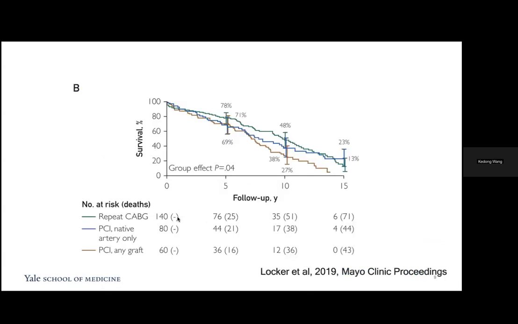Okay, so that's the AWESOME trial. So this is another trial. It's a little bit more modern, which compared, again, repeat CABG versus PCI in patients with prior CABG. And it arrived at a different conclusion. So the AWESOME trial showed that the long-term survival, at least out to 3 years, was similar between repeat CABG versus PCI. This trial shows that actually repeat CABG showed a better survival than PCI.